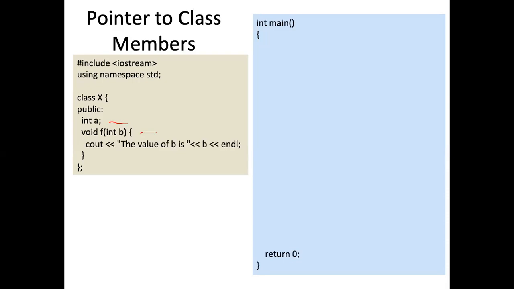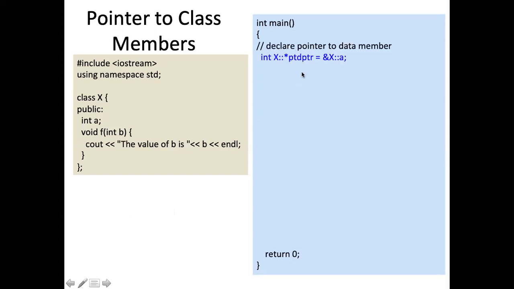Okay? Rather than accessing through an instance of a class, you can directly access them by defining pointers. Okay, so let me just recap that example that we did last time.